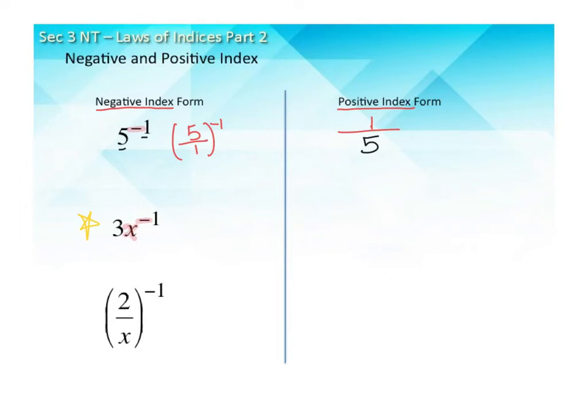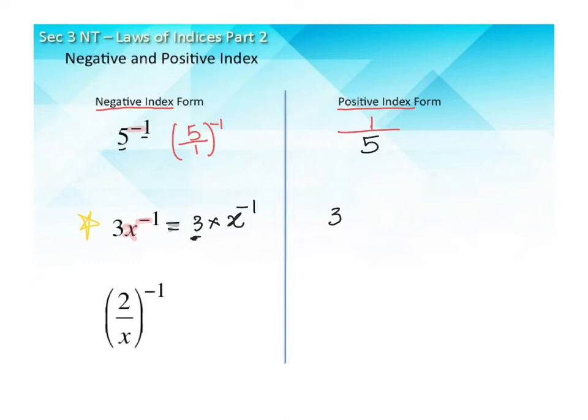So if I were to write this, I can write this as 3 times x to the power of negative 1. That gives me 3 does not have a negative power, so it stays as 3.